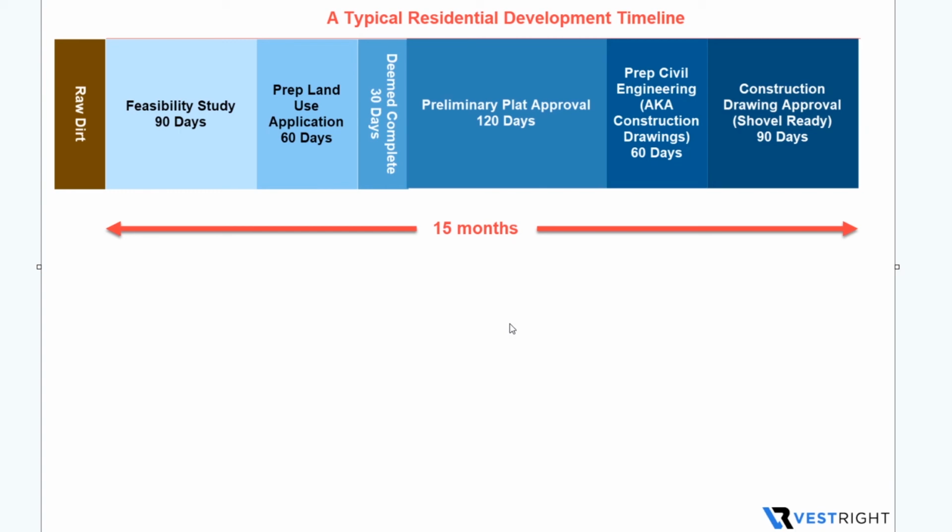And so, at least until things started back up again. But when a developer is looking at their projects, today he might be looking at a piece of raw dirt, but he's not thinking about 15 days from now or 30 days from now. He is thinking all the way 15, 20, 24 months down the road.